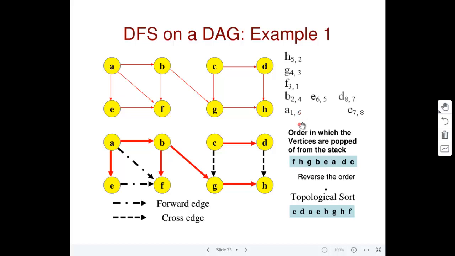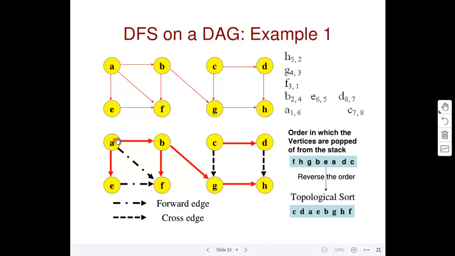Now if you notice, the stack is empty, because you started with A, went to B, F, and then popped out F, went to B, G, H, popped out H, G, and B, and back to A, went to E, then popped out E and back to A, and we cannot go anywhere else from A. A is the only vertex in the stack, so when we pop A out, the stack becomes empty.